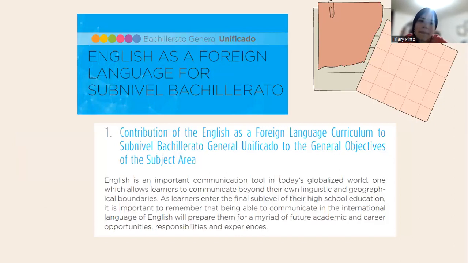And next, this is a small objective. Then this is the book of English as a foreign language for baccalaureate. This is just an example because they say that the contribution of English as a foreign language is very useful today in a globalized world because the government wants students to use it in the future.